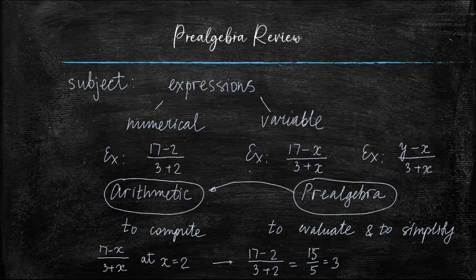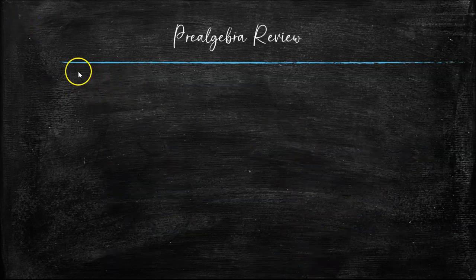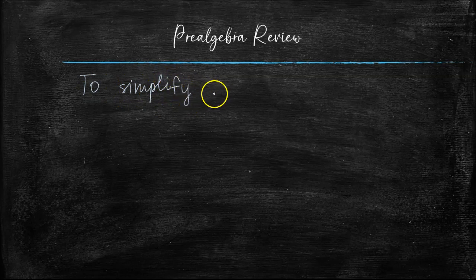Now, before we learn how to simplify an expression, or I guess we can talk about what it means to simplify right now. To simplify, and this is something that you have to remember, to simplify means to write in its simplest form.